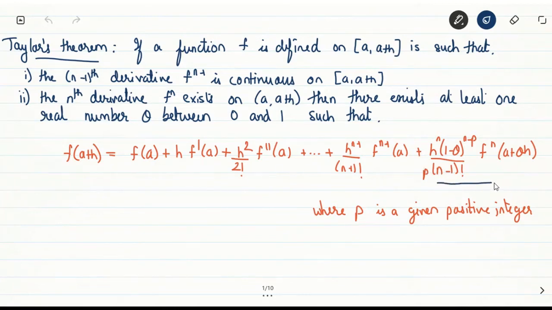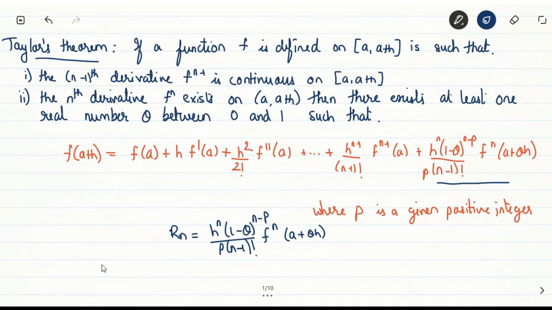This term is known as the remainder term, and it is given by Rn. Rn is equal to h raised to n, (1 minus theta) raised to n minus p upon p into (n minus 1) factorial into f nth derivative at the point a plus theta h.